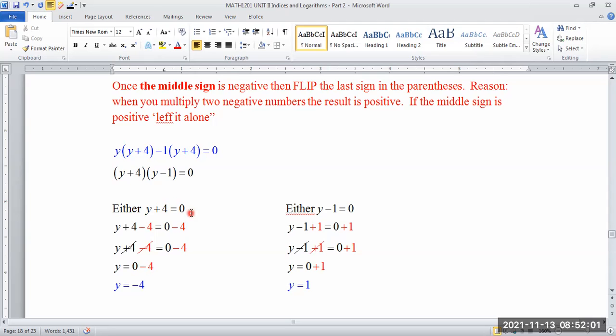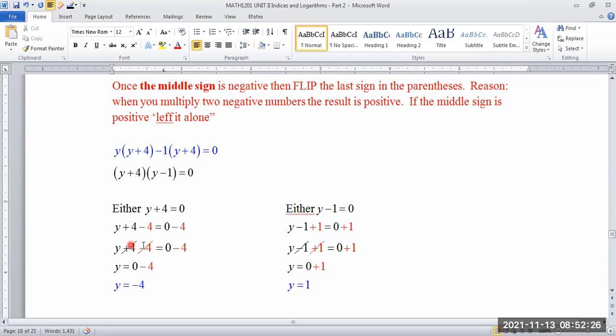So what you're doing mathematically in order to get rid of this positive 4 on this side is to use the additive inverse. What do you mean by inverse? When you use the additive inverse, it means that it cancels out. So this positive 4 will be cancelled if I were to add a negative 4 to it.